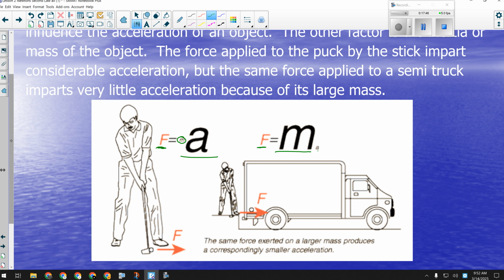Okay, units. The units for force, if I multiply mass by acceleration, I am multiplying kilograms by meters per second squared, which gives me kilogram meters per second squared. We abbreviate that newtons.